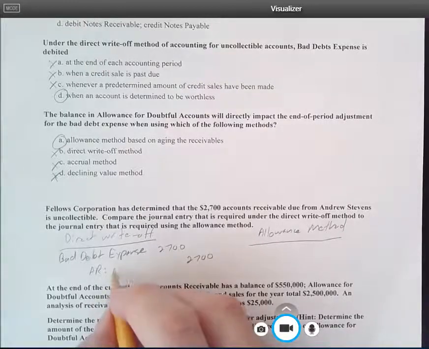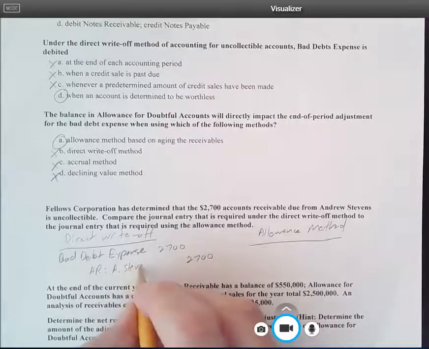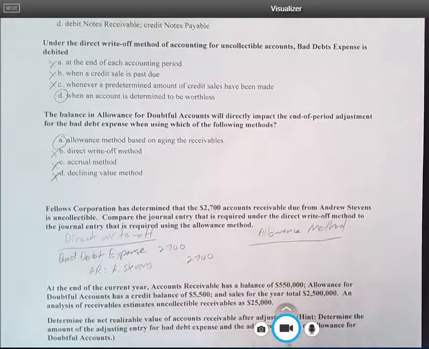A. Stevens. Okay, we're going to credit the subsidiary account for Andrew Stevens. Is that his name? Yeah. Under accounts receivable for $2,700. And then we're going to directly hit bad debt expense when we find out that the $2,700 receivable is uncollectible.